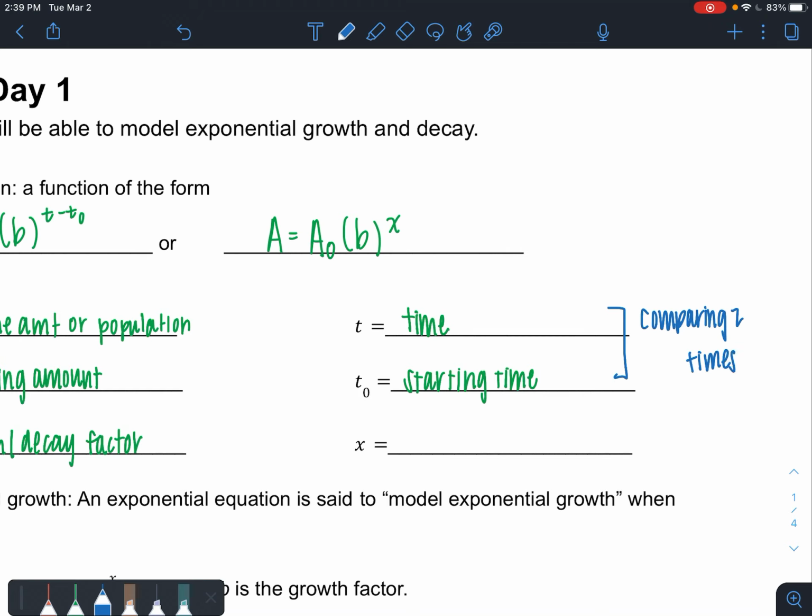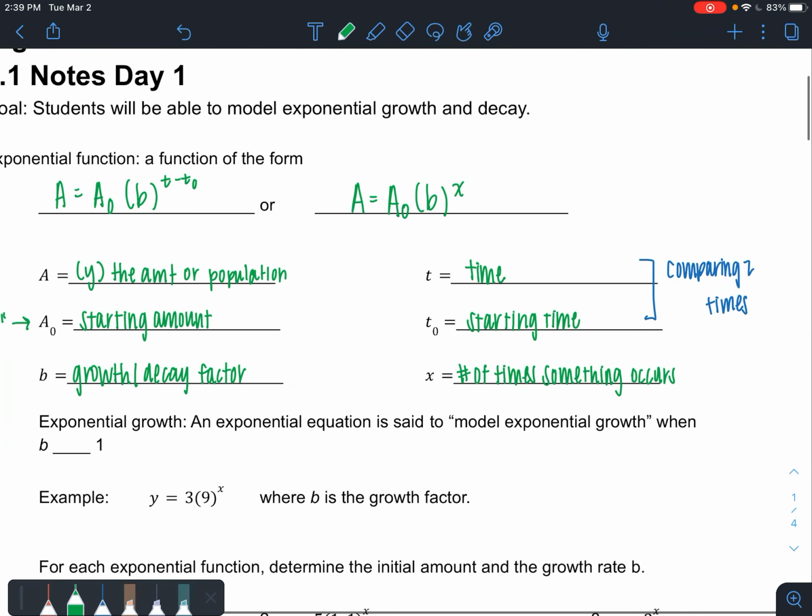And then X is going to be the number of times something happens or occurs.